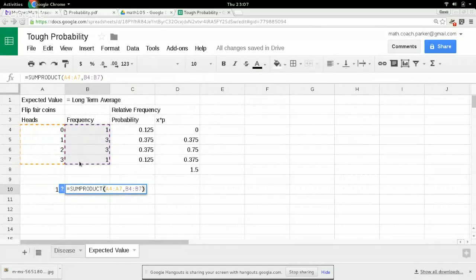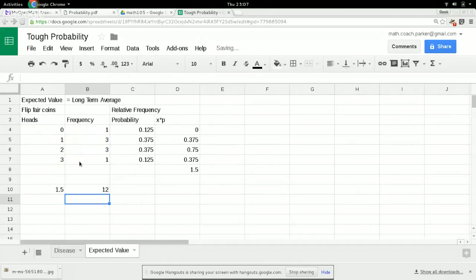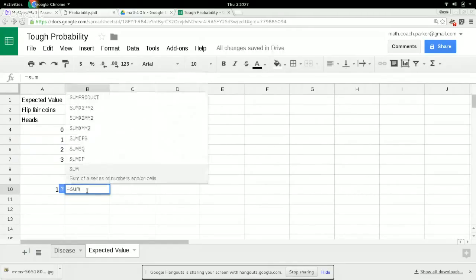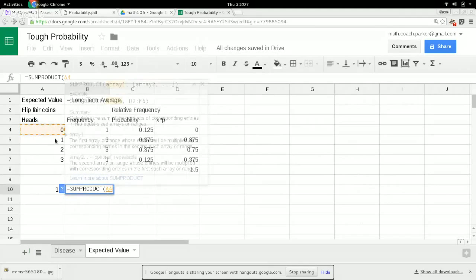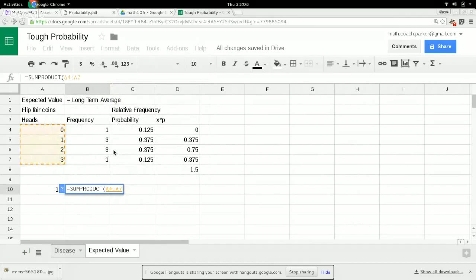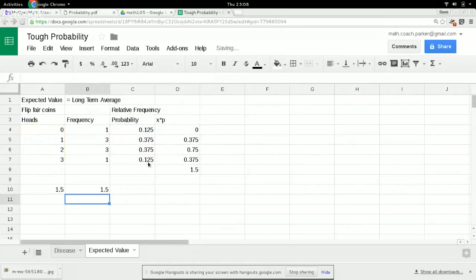And it will multiply them row-wise and then add them up. Whoa, oops, I want to do the probabilities. Sorry, wrong column. Sum product needs the relative frequencies, not the frequencies. Highlight those, comma, highlight these, close parentheses, and there's my 1.5.